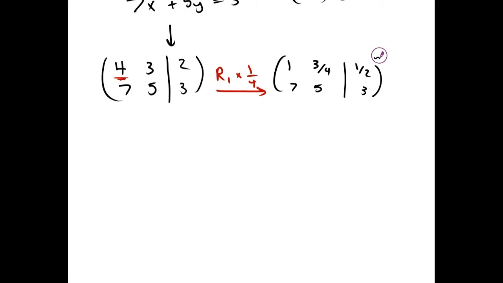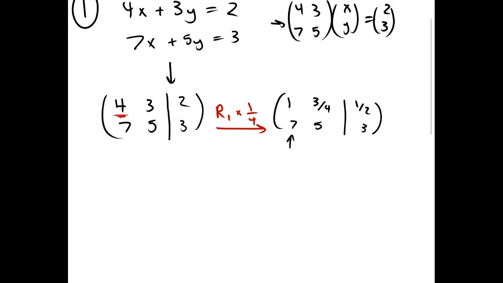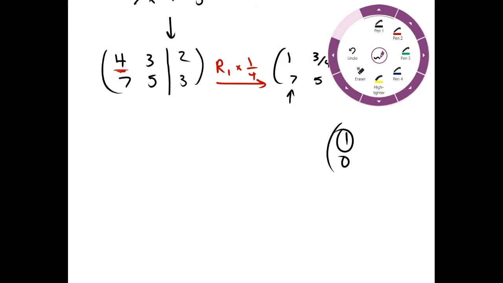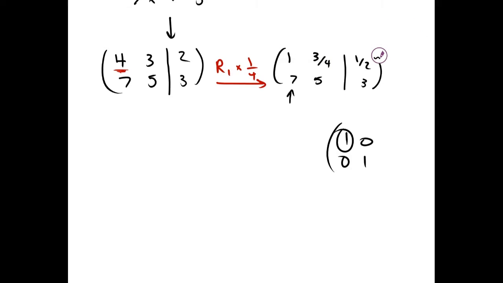So now that we have this 1 here, we want to make this a 0. We're trying to get this into reduced row echelon form, which will require that we have a 1 in our column with zeros above and below, and so on and so forth for the rest of it. So it's going to look something like this with some numbers here.